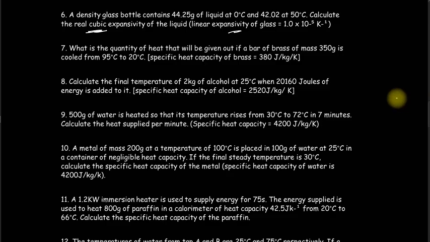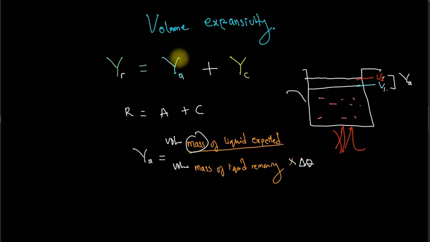So for the real cubic expansivity of the liquid, we're given the expansivity of glass. Our formula states that the apparent cubic expansivity plus the cubic expansivity of the container, which is in this case glass, will give us the real cubic expansivity we're looking for. So if we write out our formula, real is equal to apparent. Apparent, we have to solve using this formula, and then we add it to the cubic expansivity of glass, right?